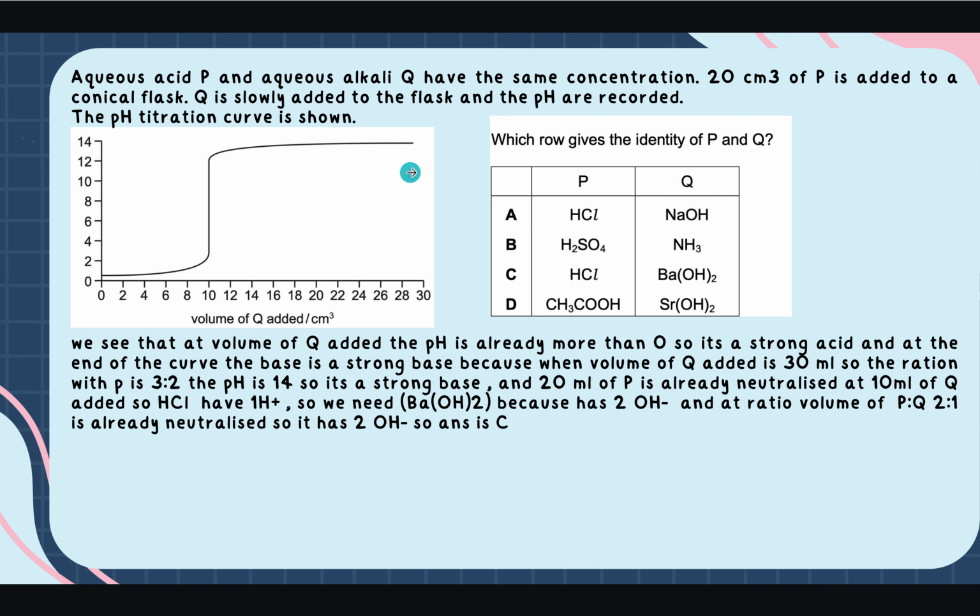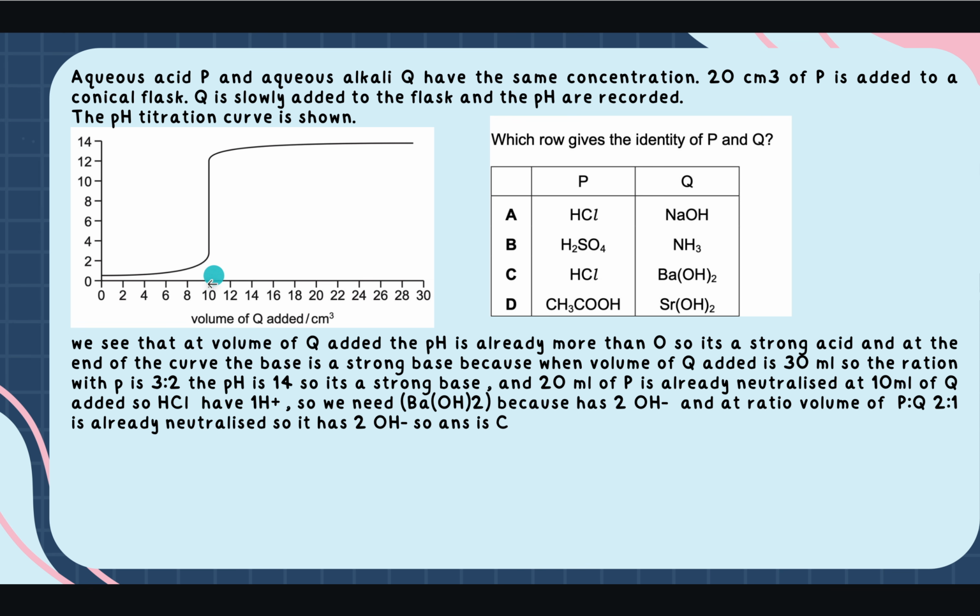At the end of the curve, when the volume of Q added is 20 milliliters, the ratio of Q and P will be 3 to 2, and the pH is 14. So this is the quality of a strong base, and so NH3 is out. So our options are A and C.